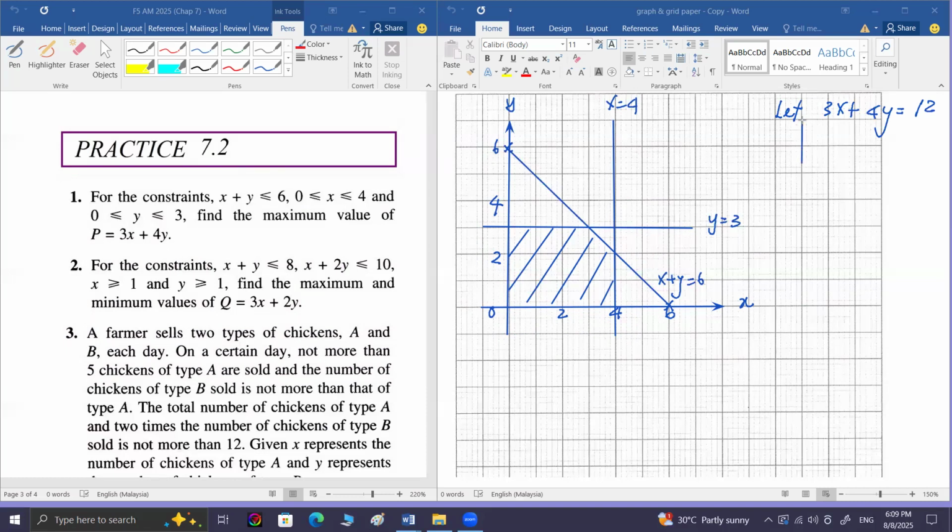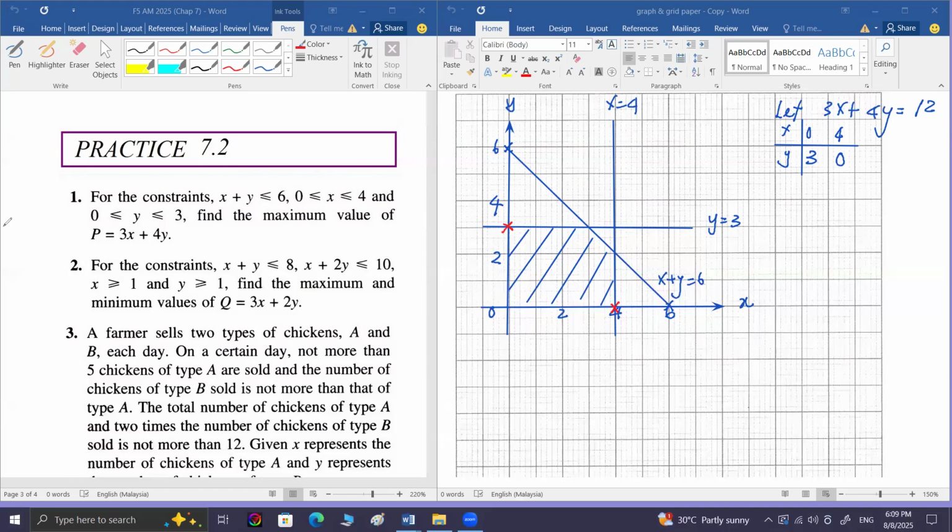You can go direct or you want to show, up to you. So remember last week, I said that each one I make it 0. When x is 0, y is 3. When y is 0, x is 4. Okay, so class, this one I use a different color to show you. 0, 3, and 4, 0.